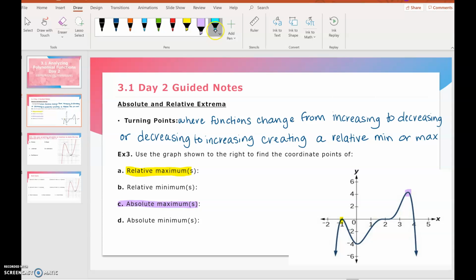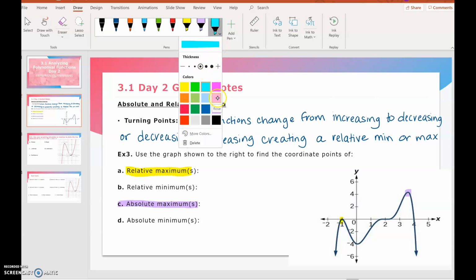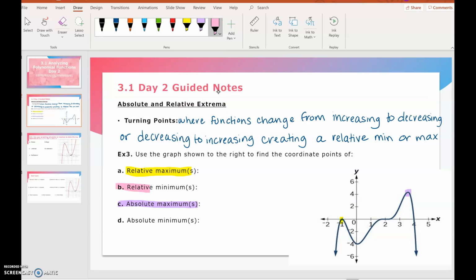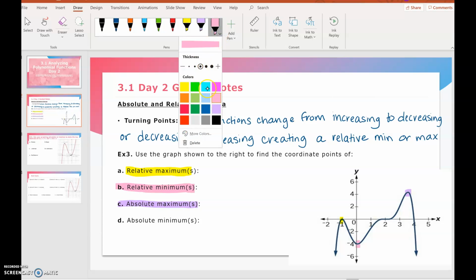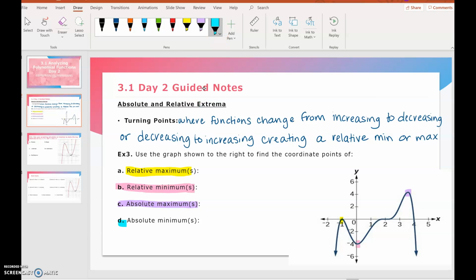Okay, what about a relative minimum? So let's look at a minimum. So here, and so here is a relative minimum right here. And then for the last one, where it's saying the absolute minimum, well, these arrows of the graph go on forever. So there's not actually an absolute minimum. So no absolute minimum. Okay.